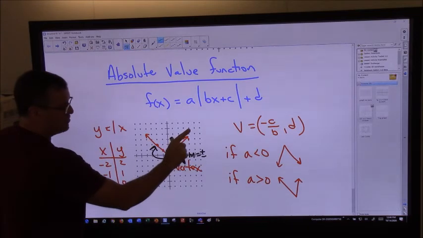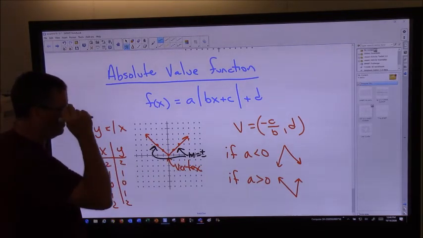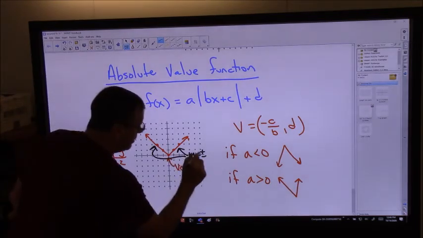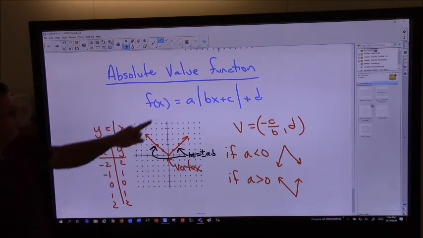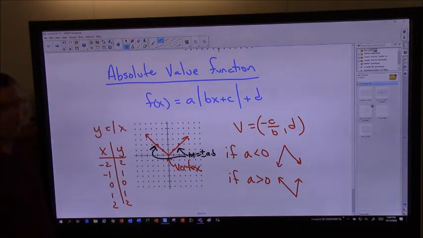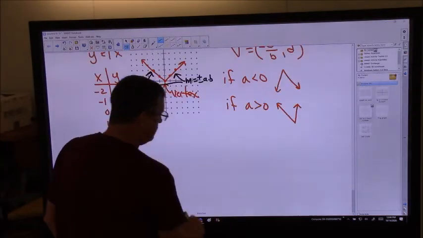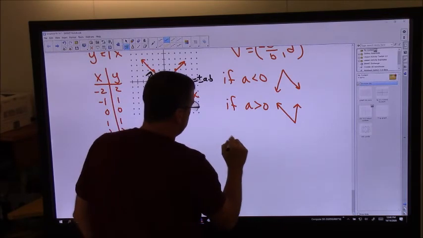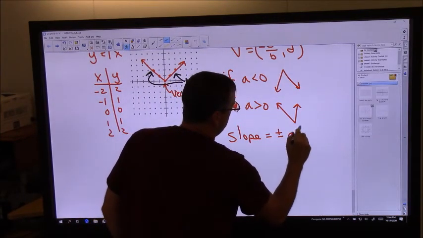This is a positive slope. It's going up as you go left to right. So there's always going to be one positive and one negative. Okay? And to get that slope, it's just a times b. Whatever these two numbers are, you just multiply them, and that's it. I've got my graph. So slope equals plus or minus a times b.